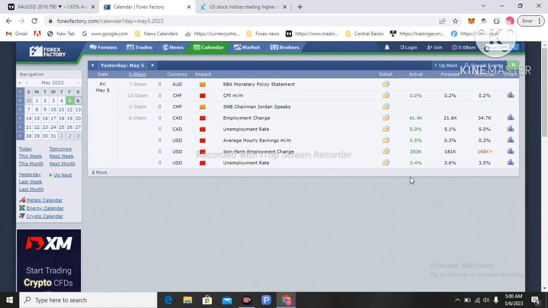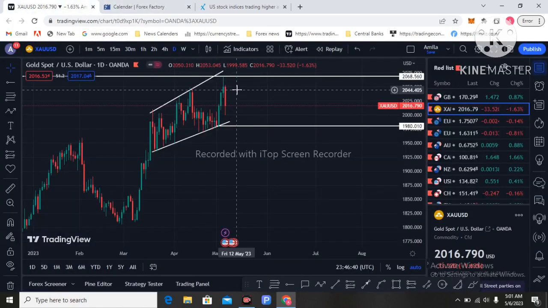Also the unemployment rate dropped to 3.4, against a forecast of 3.6. That is also positive labor data for the US dollar, and average hourly earnings also increased. That was the reason gold dropped last Friday.